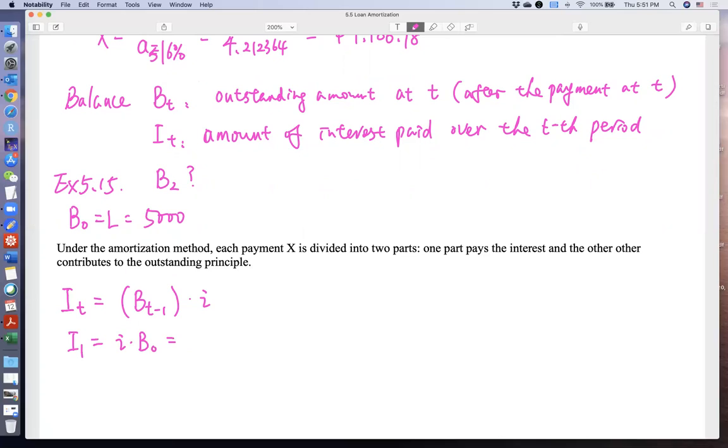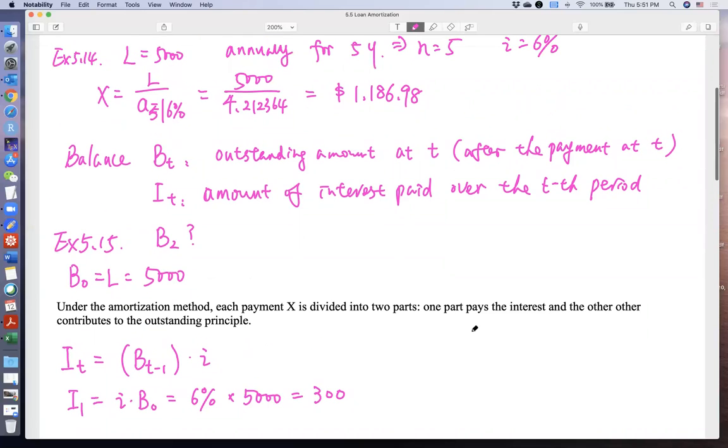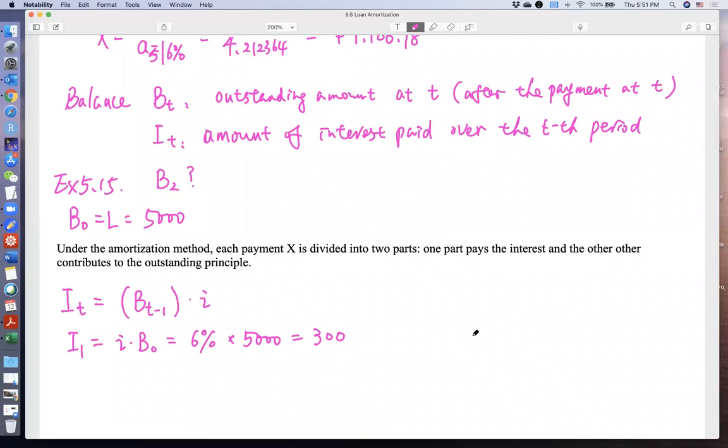So what is i? i is 6%. Your original amount is 5,000, so the first interest is $300, and our payment is always the same. Let's call P_t the principal repaid. One part pays the interest I_t, the other contributes to P_t.